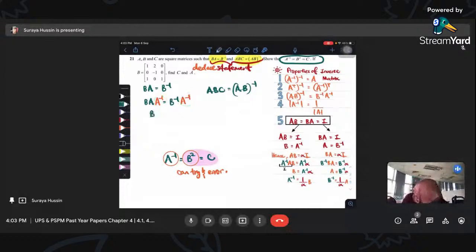So B identity is equals to B inverse A inverse. And I can also delete this identity. It is actually there, but you don't need to write identity as long as you understand already. Okay, I'll write it: B is equals to B inverse A inverse.